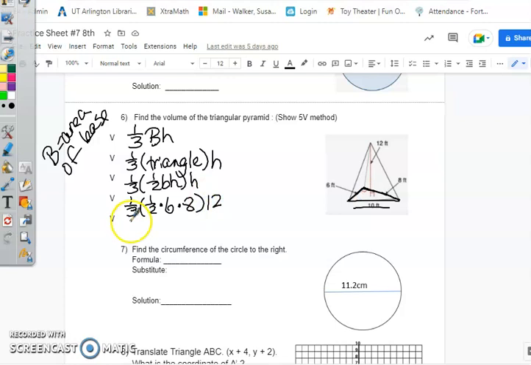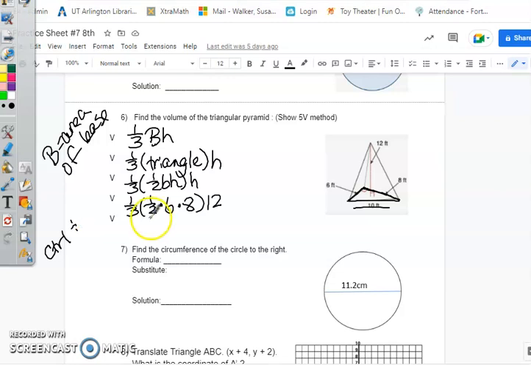Okay. Now, if you want to punch this into the calculator, you would do control divide 1 down 3 over to the right times control divide 1 down 2 over to the right times 6 times 8 times 12. Okay?